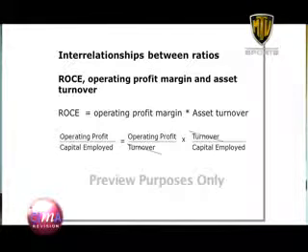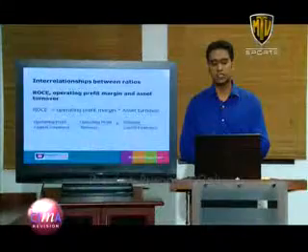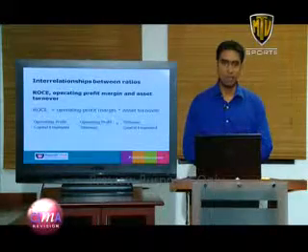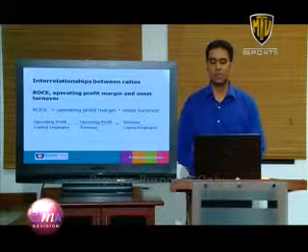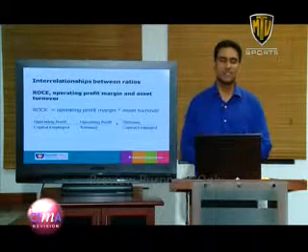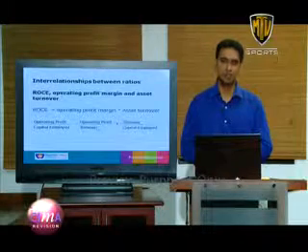Which is an integration of two different formulae: operating profit margin, which is operating profit divided by turnover, and asset turnover, which is turnover divided by capital employed, or what we call net assets. Right? So every single time you do a calculation on ROCE or ROI, try to explain it using your operating profit margin and asset turnover, provided the information is available.